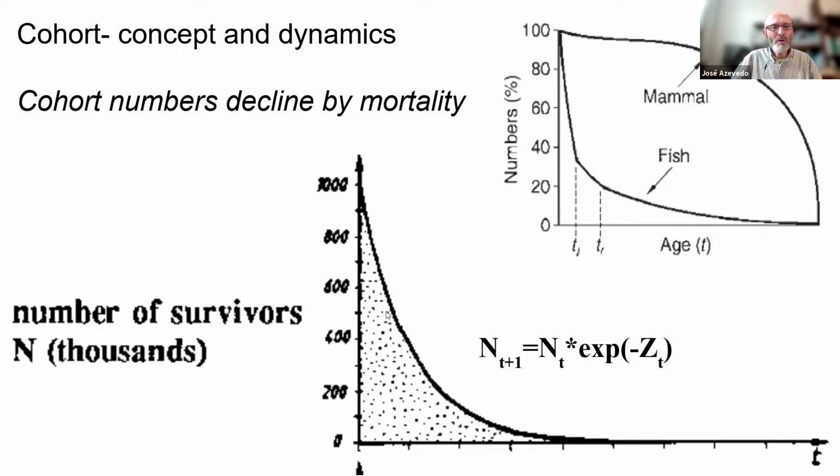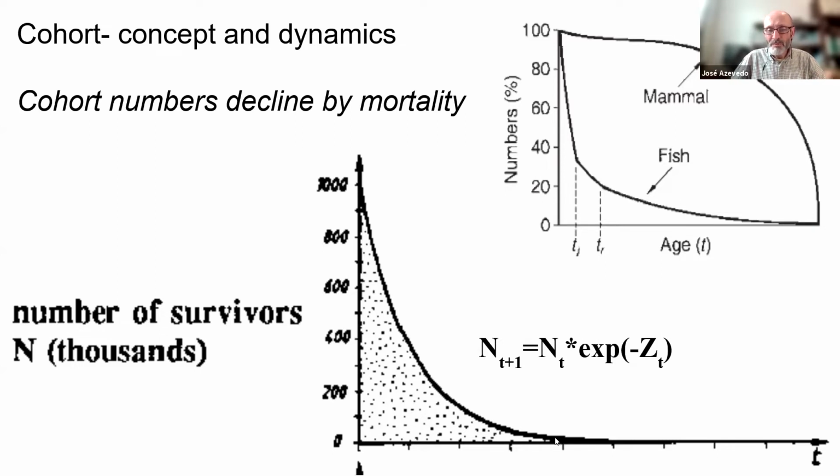So a typical cohort, typically the cohort numbers vary with time with a graph like this. So many fish at small ages, and then the number of fish declining exponentially with age.